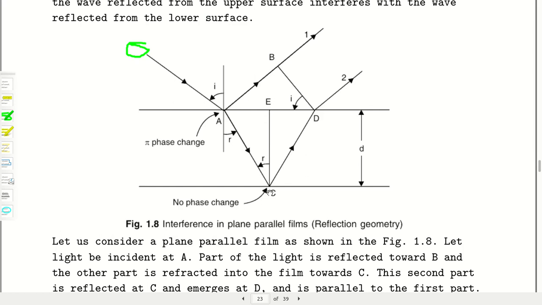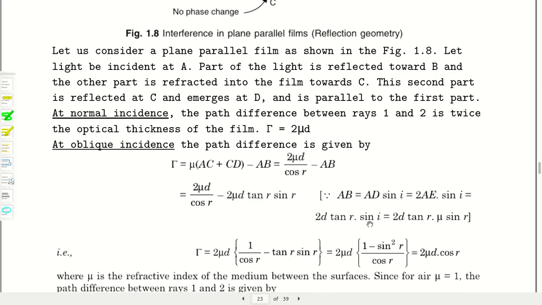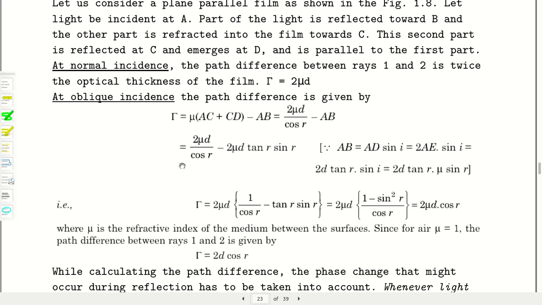AE you can derive from the triangle ACE, that AE is equal to d into tan r. So all things are put together, and now use Snell's law, where sin i by sin r is equal to mu. So sin i is equal to mu into sin r. So this will generate this term, and now, doing some simple calculation, you will reach this point: 2 mu d cos r.